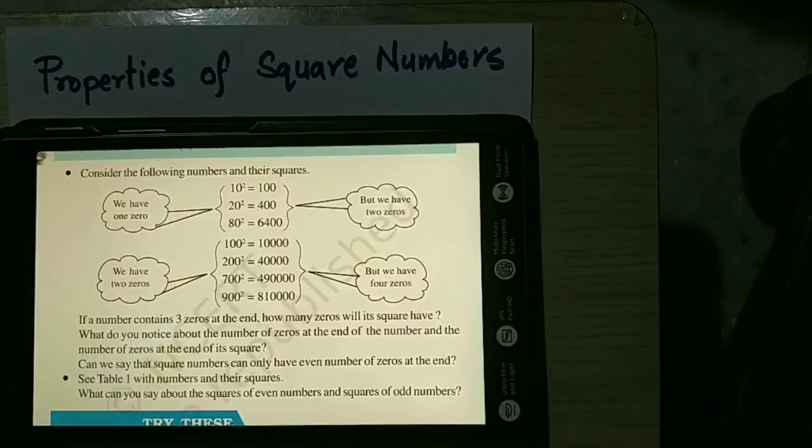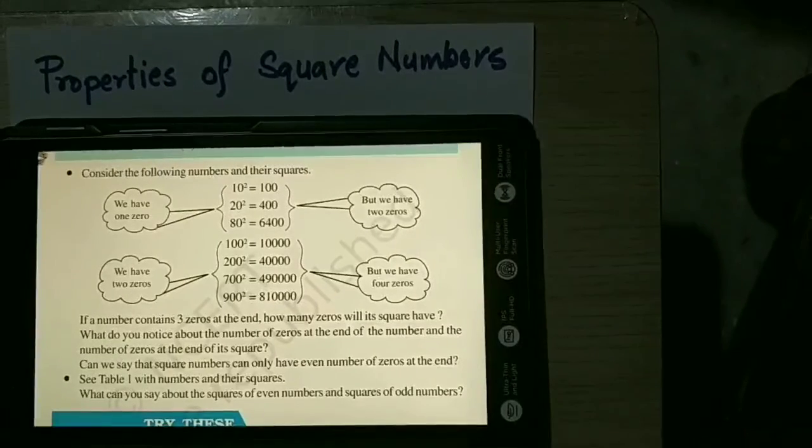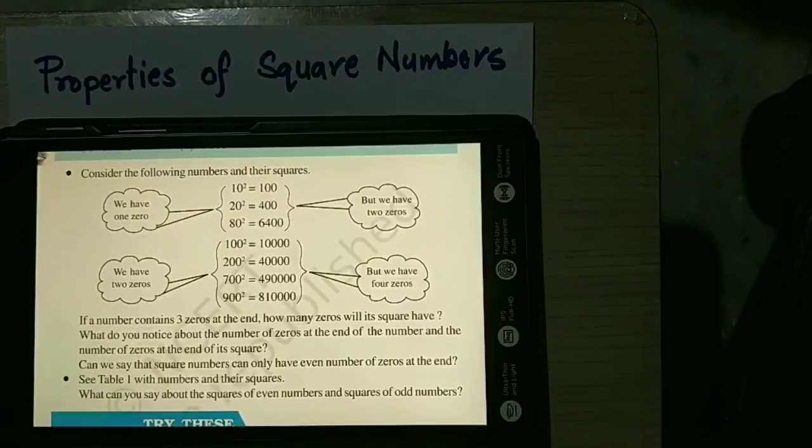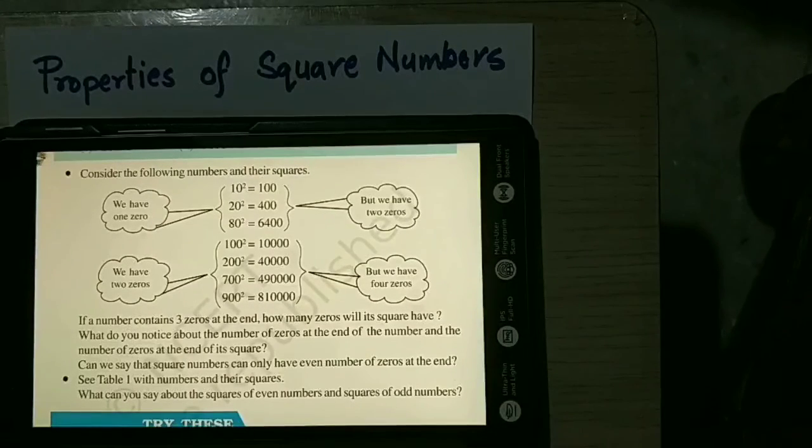So what can you observe about these numbers? We can notice that the number of zeros in the square of a number is always double the number of zeros that the number has.